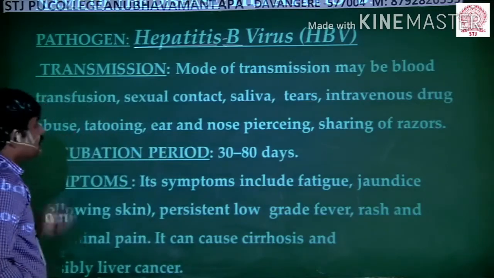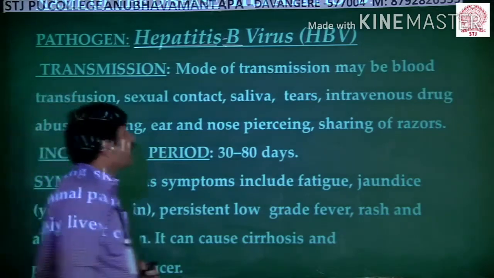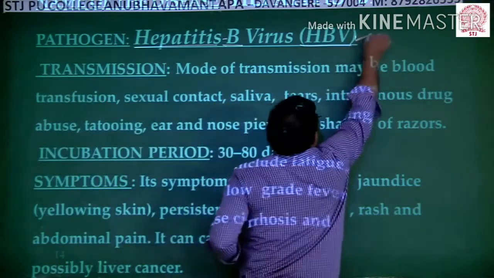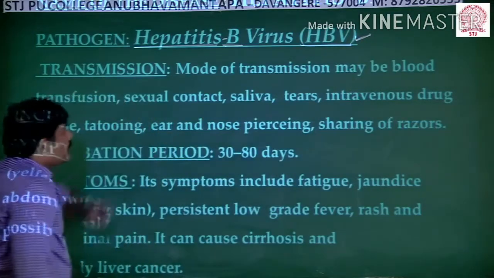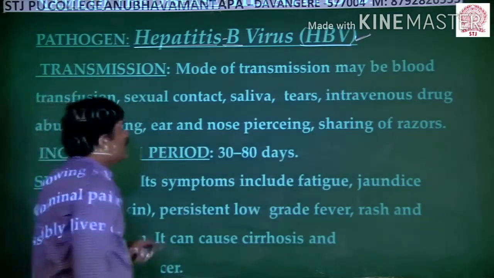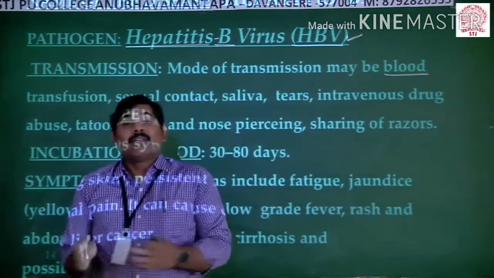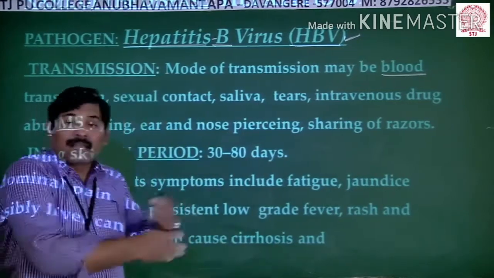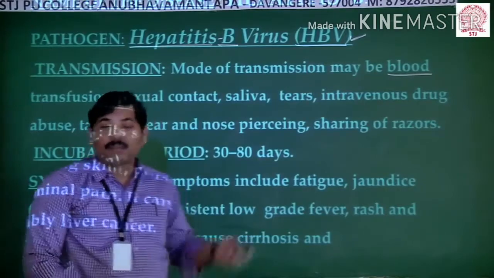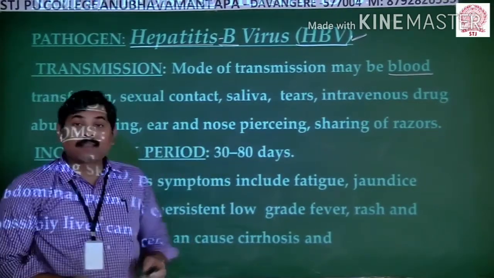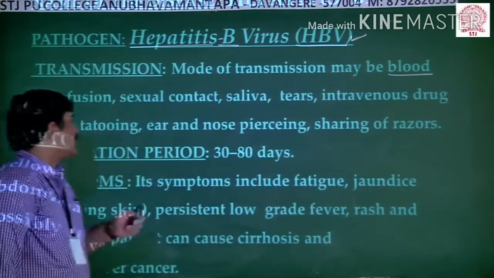The disease gets transmitted by various methods. The abbreviated form of the virus is HBV. Coming to the modes of transmission, it includes transmission of infected blood. If infected blood is administered into a healthy person's body, and the blood is infected with hepatitis B virus, the virus will be transmitted from person to person.